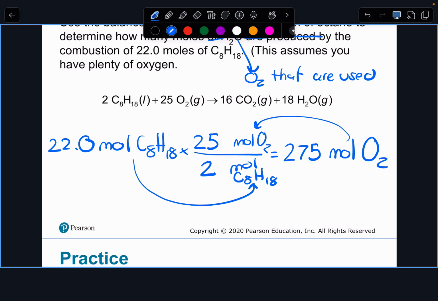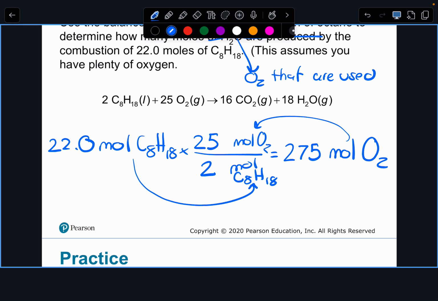So maybe we have grams of octane, which is also unlikely because we measure it as a liquid. So maybe we end up having gallons, liters, something like that of octane, and we don't know what molarity is yet, so I can't use that as an example. Let's just pretend it's grams. So maybe we have grams, and we have to use the molar mass to first convert it to moles, then we can use the balanced equation.